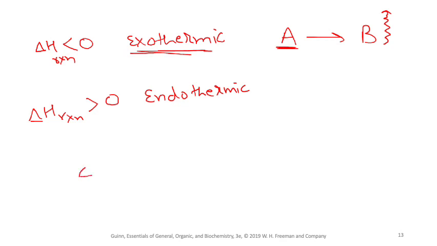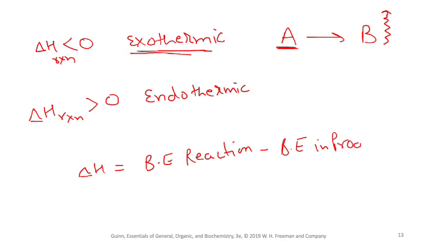Because from the previous slide, delta H is the bond energy of the reactant minus the bond energy of the product. That's how you normally calculate delta H.